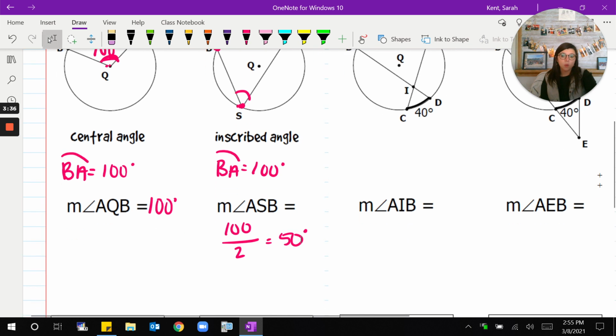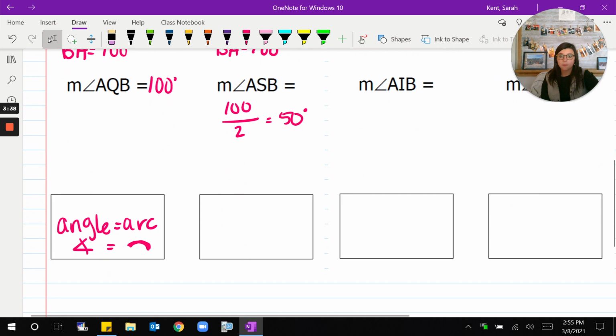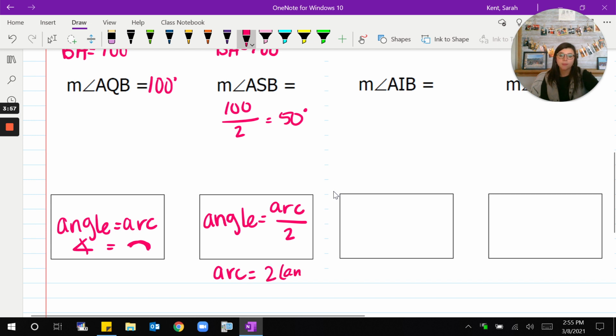So the rule that we would use for this is that our angle is equal to the arc divided by 2. If we go the other way, if we are looking for the arc, it's going to be 2 times the angle.